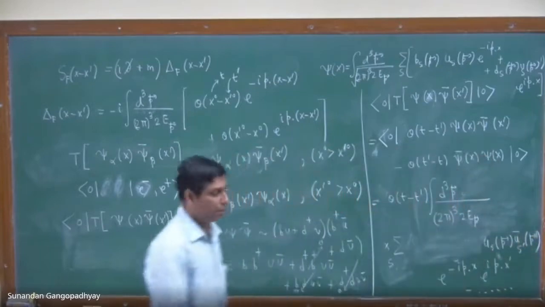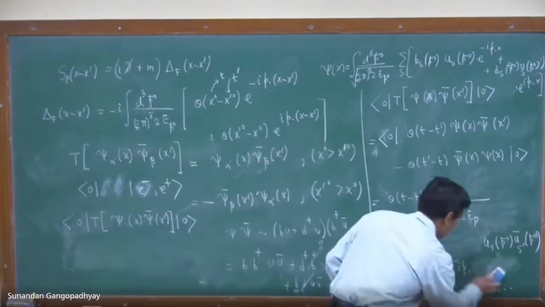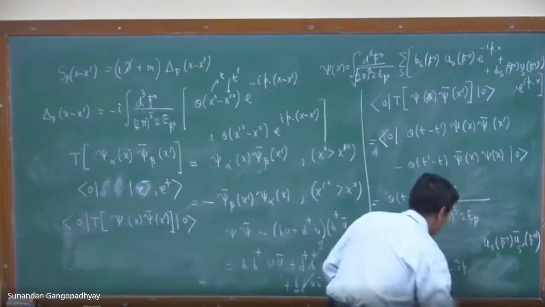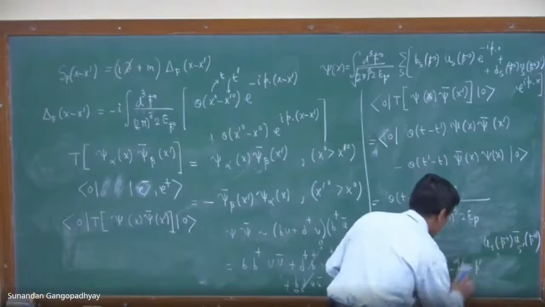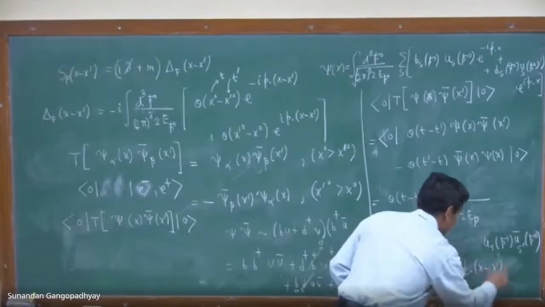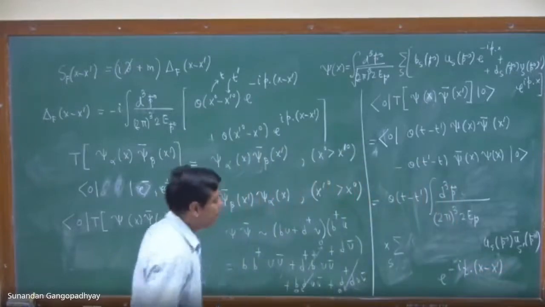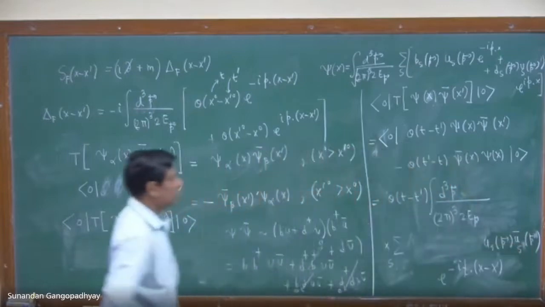And therefore, what we have now is the following: e to the power of i p dot (x minus x prime), and also s prime is s. So this is the first term.